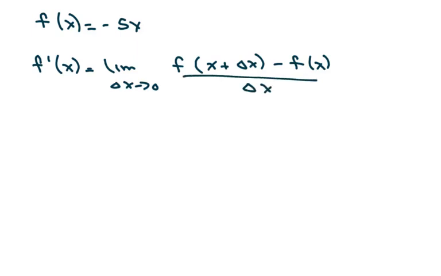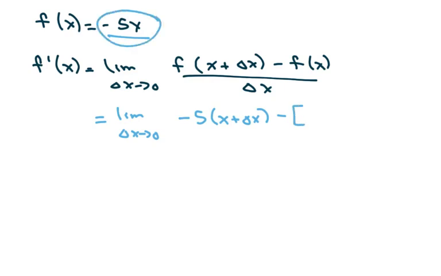So I'm just going to write this function down. And then we have negative 5 times x plus delta x minus my whole function. My whole function is just negative 5x all over delta x.